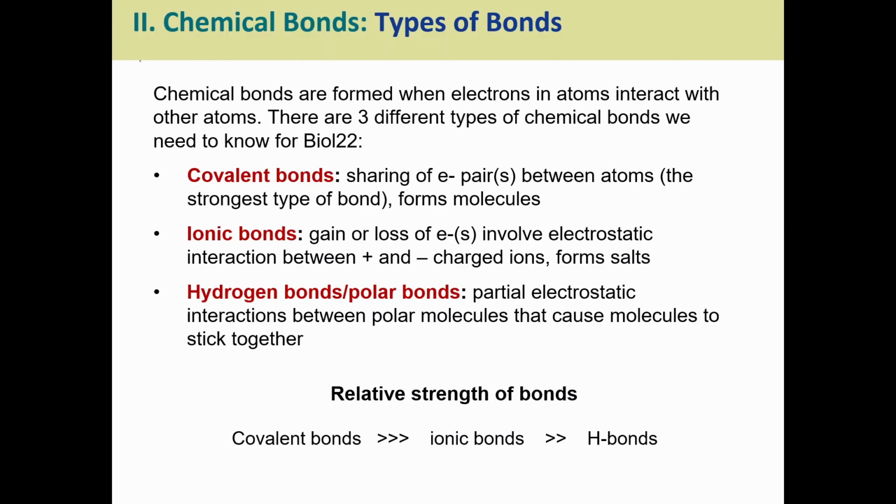And then the hydrogen bonds, we are sharing electrons, but it's not completely fair. So it's also sometimes called a polar bond because one of the atoms is hogging the electrons a little bit closer to itself. If we look at the relative strength, in general, it tends to follow what we see down here. Covalent, ionic, and then hydrogen bonds being the weakest.